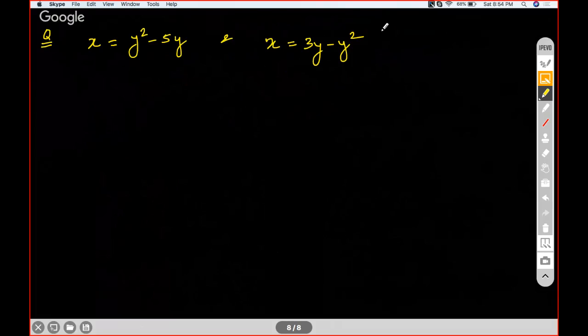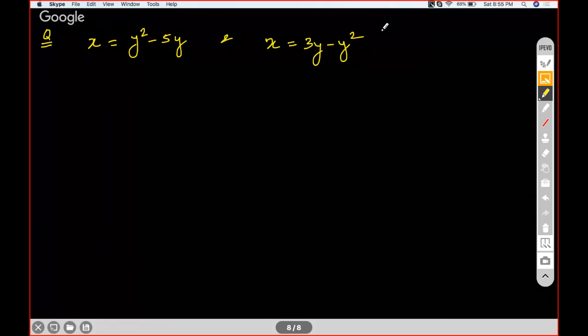So here you can't do without a calculator. No, you don't need a calculator anyway.